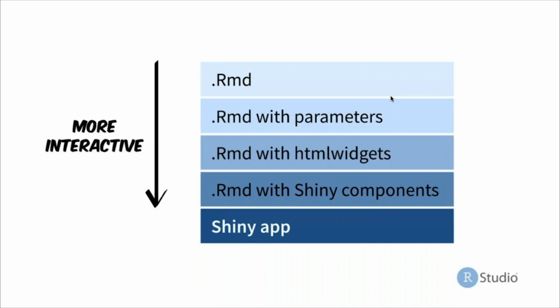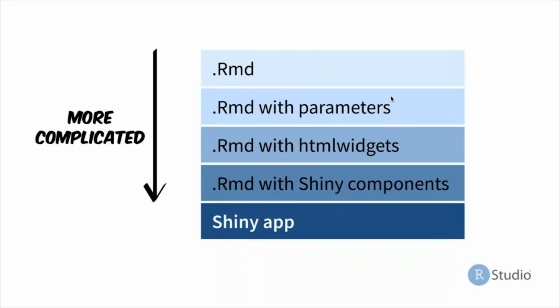So I really like this a lot, but it does kind of presuppose that you know what you want to build in the first place, or you're at a point in your iterative development work cycle where you're willing to do some introspection on what you should or could be building. This is important because as you progress down the interactivity hierarchy, things become more complicated to build. And we tend to think of Shiny applications, the highest level of interactivity, as the most complex to develop.